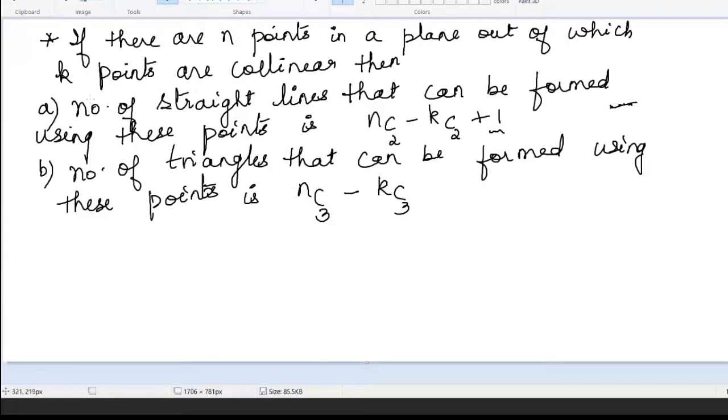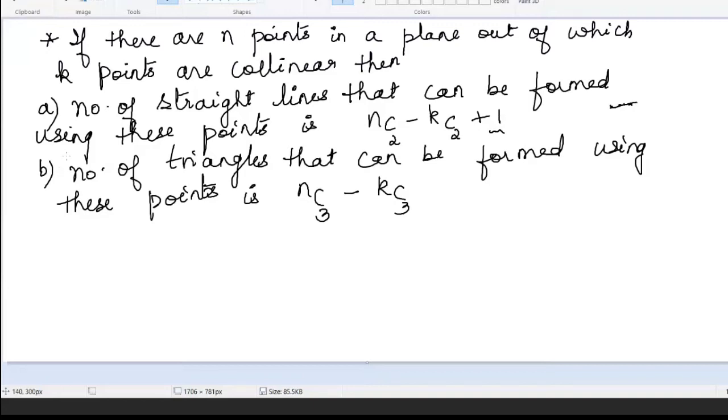From this I subtract KC3, since k points are collinear, lying on the same line, and such triangles I don't want. Here I am not adding plus 1. Why was it plus 1 before? It was a line; those k points were lying on a line, so I want that line. But a triangle in one line I am not able to get, so I am not writing plus 1 here. Keep this in mind.